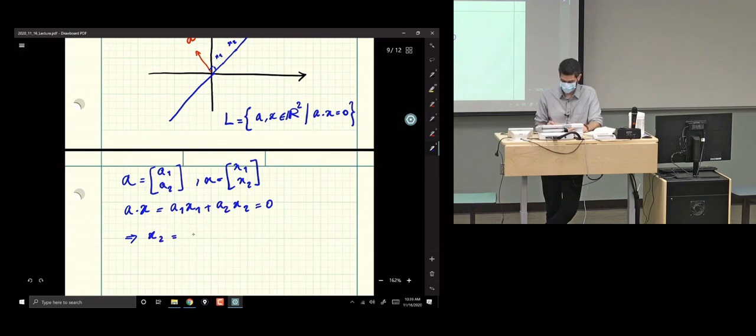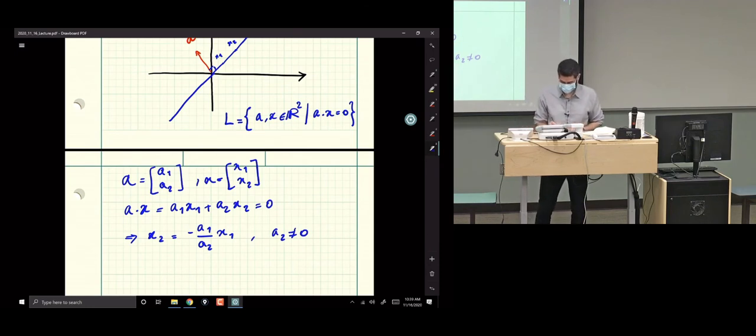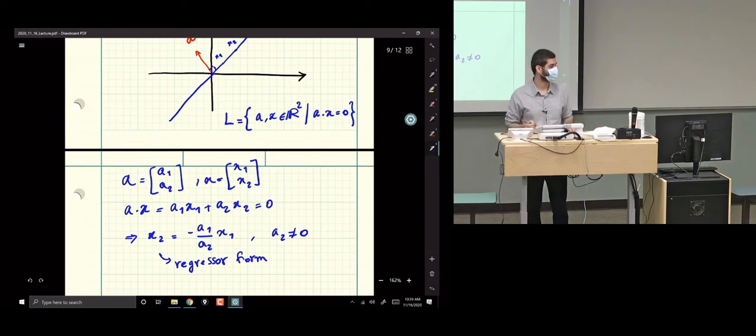X2 equals minus A1 over A2 times X1, of course, A2 must be non-zero. Otherwise, the formula breaks down. Now, this form is called regressor form. You've done it in your assignment.